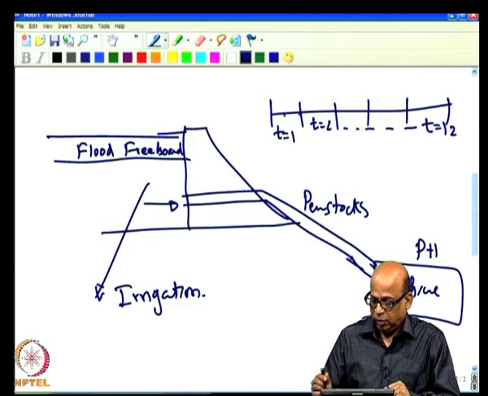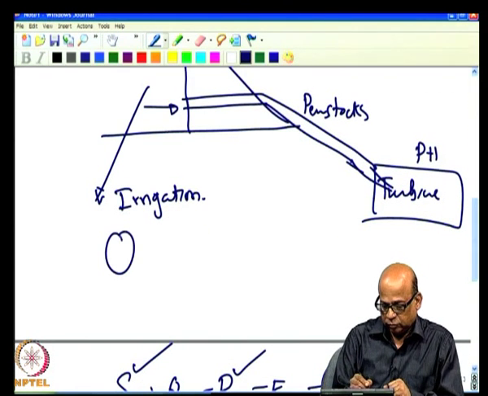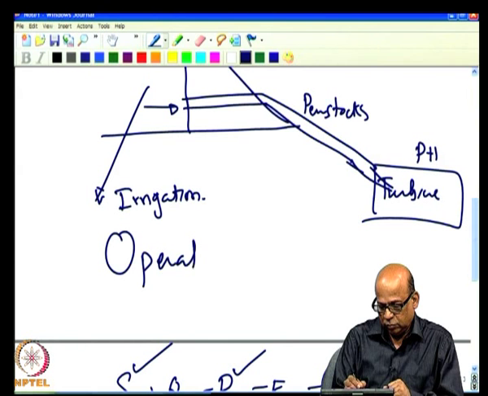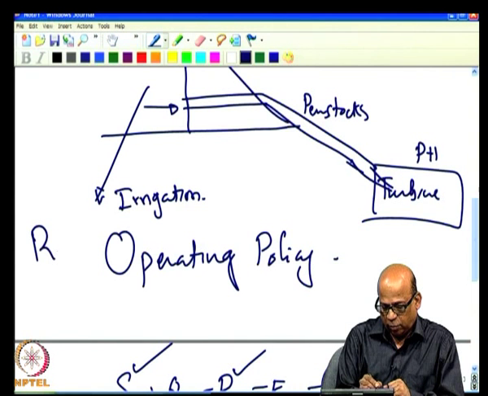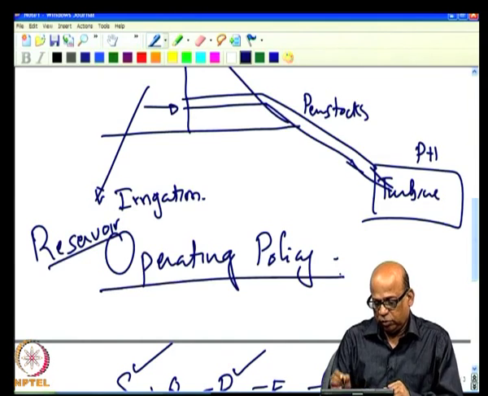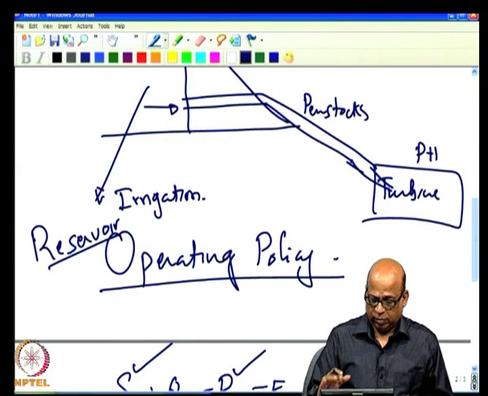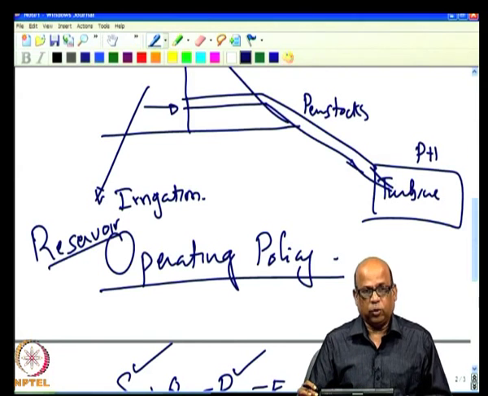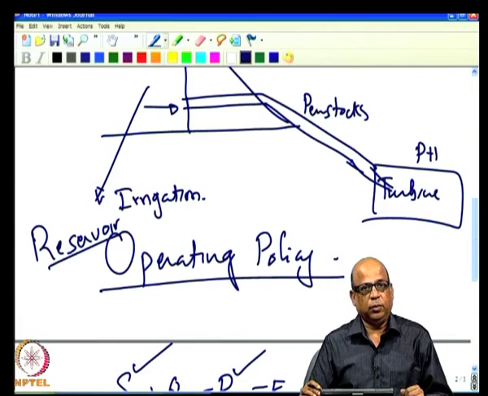So, essentially we are talking about operating policy for the reservoir, and these are called reservoir operating policies. So, a significant problem in water resource systems is one of determining reservoir operating policies.